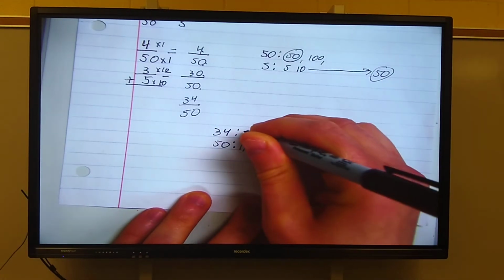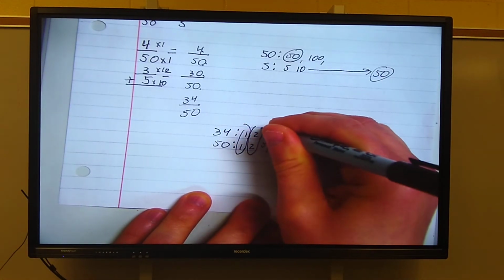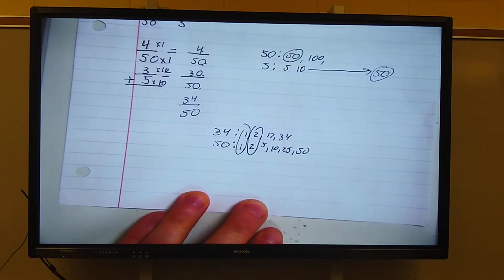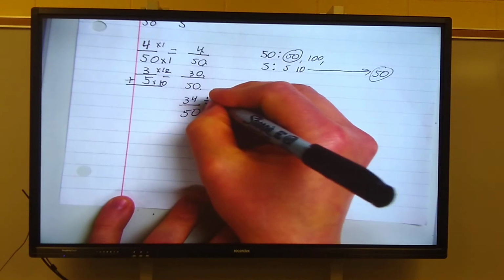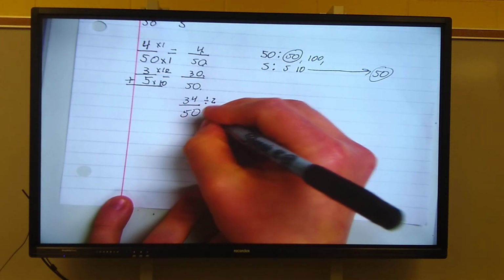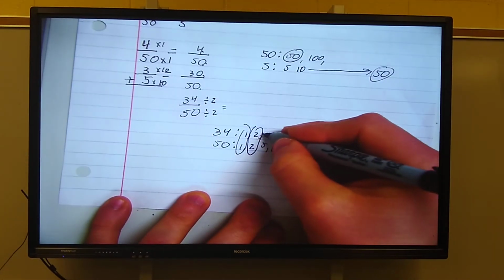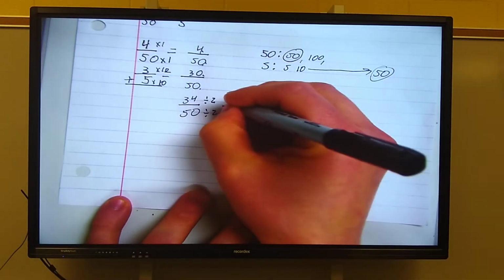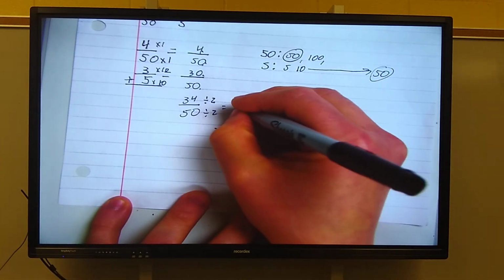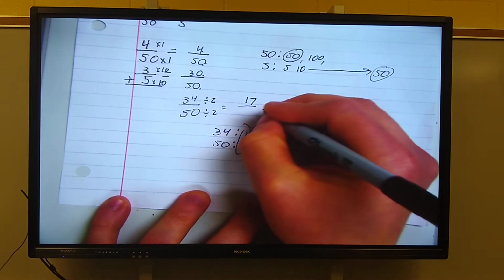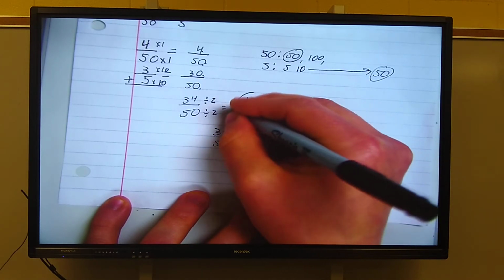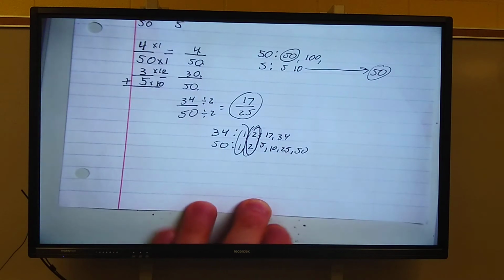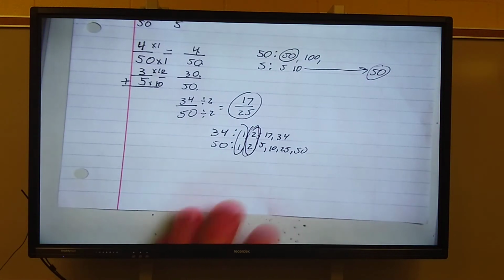The common factors are 1 and 2. That means this is not in simplest form. 34 divided by 2 and 50 divided by 2, because that is the greatest common factor. 34 divided by 2 equals 17. 50 divided by 2 is 25. This is your final answer. 17/25. And the truth shall set you free.